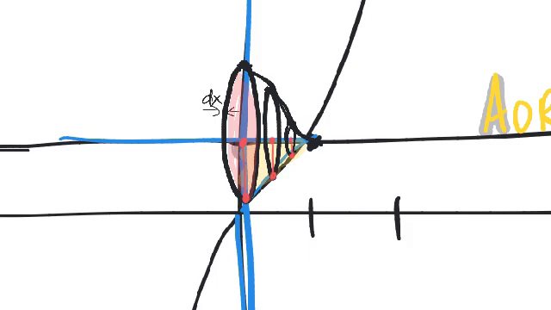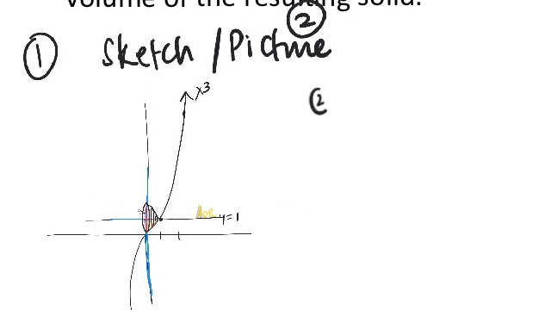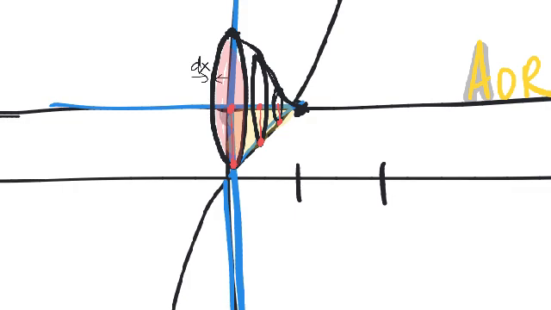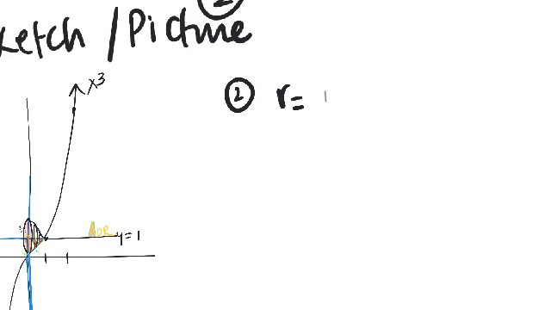So we're going to find that our radius for this problem, that's step 2, radius is going to be equal to y high minus y low. So y high is the line y equals 1, and y low is on the x cubed graph. So I can just say the radius is going to be 1 minus x cubed.